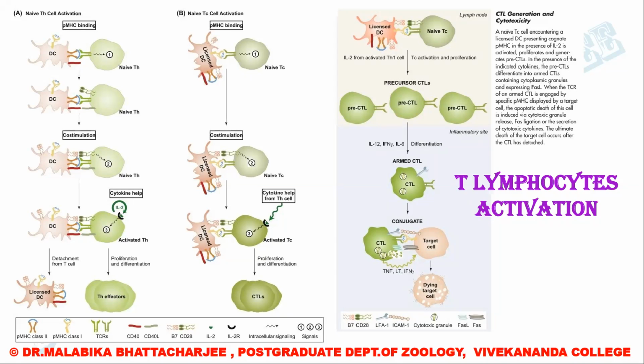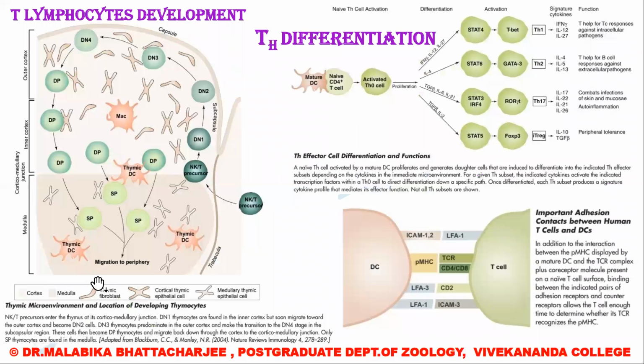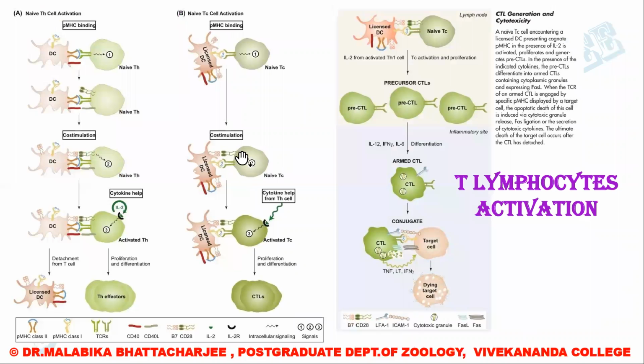So it is these licensed dendritic cells, which already had a previous engagement or exposure with the T helper cells, that can now interact with the T cytotoxic cells. Immature dendritic cells which are not licensed are not capable of interacting directly with the T cytotoxic cells.